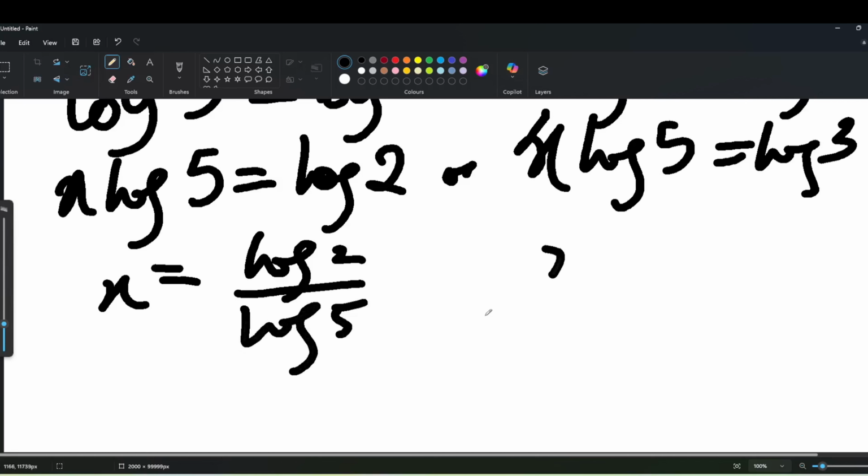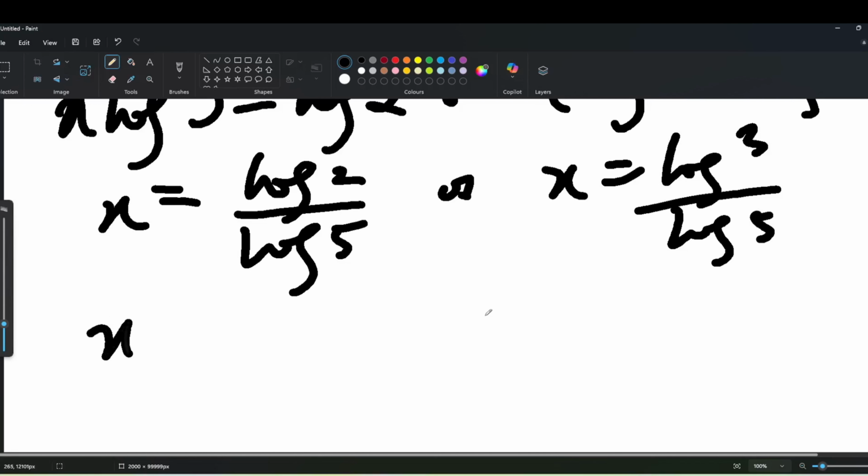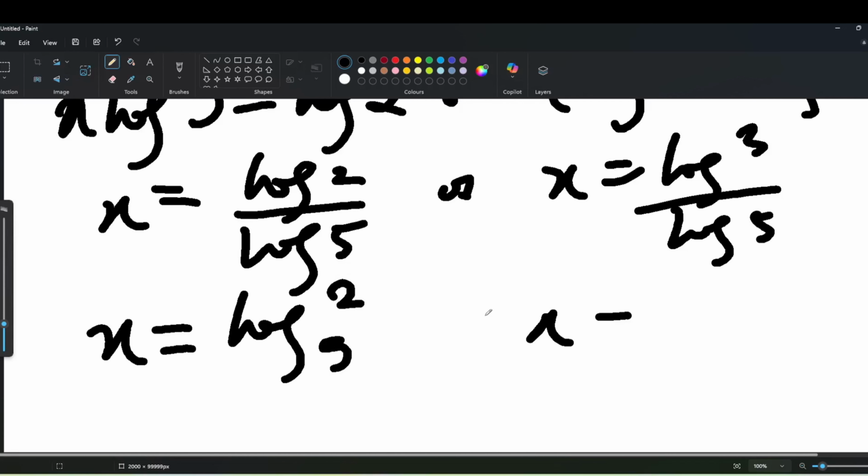Here x becomes log 3 all over log 5, and according to the law of logarithms, this can be written as log 2 to base 5, and this can also be written as log 3 to base 5.